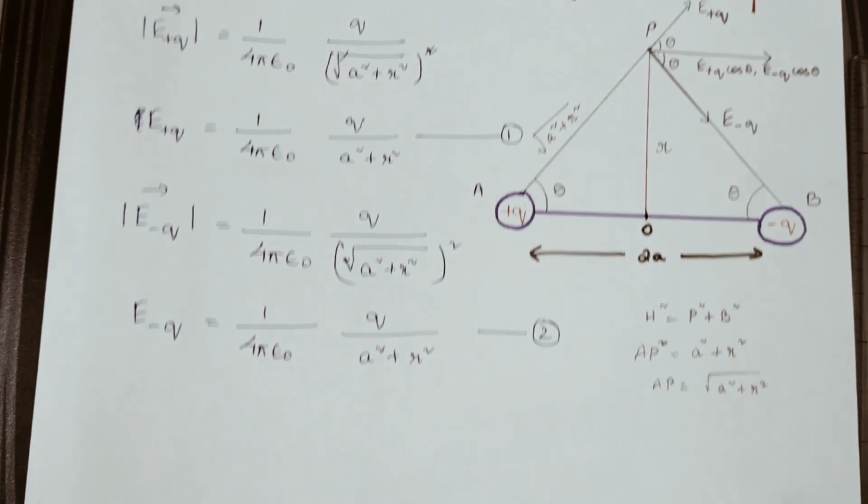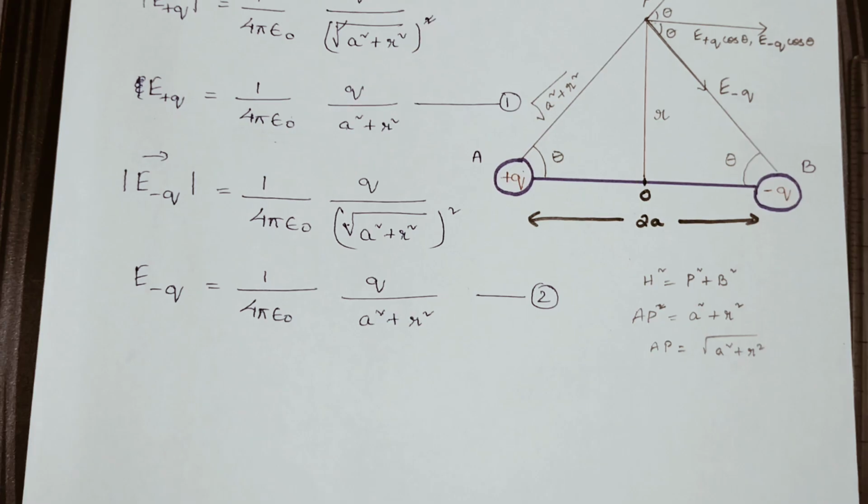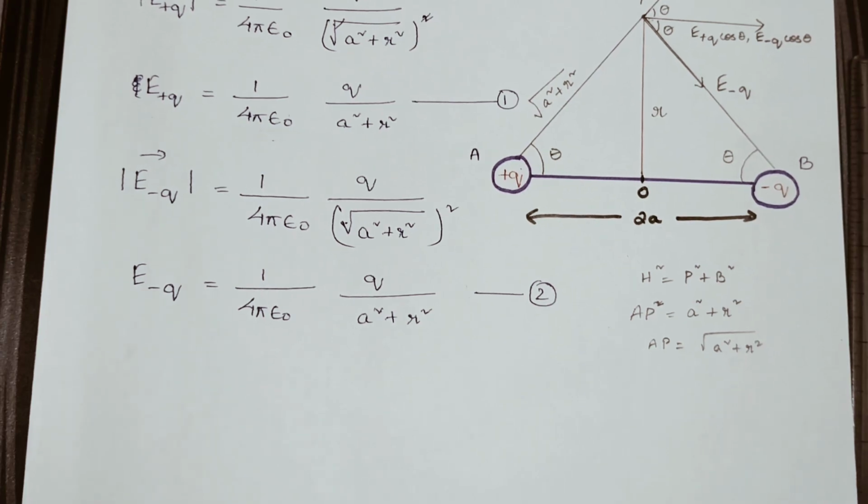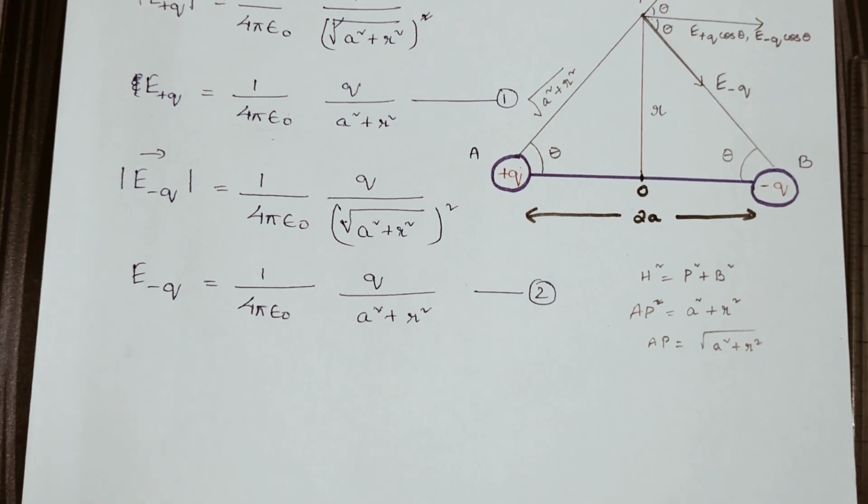So coming down, now in order to find the total electric field E vector, since E plus Q cos theta and E minus Q cos theta are equal and directed in the same direction, we will sum them up.